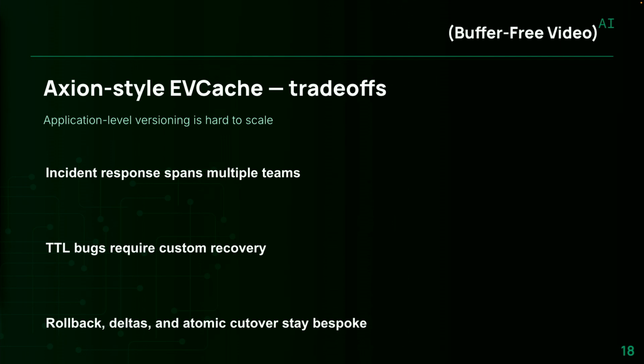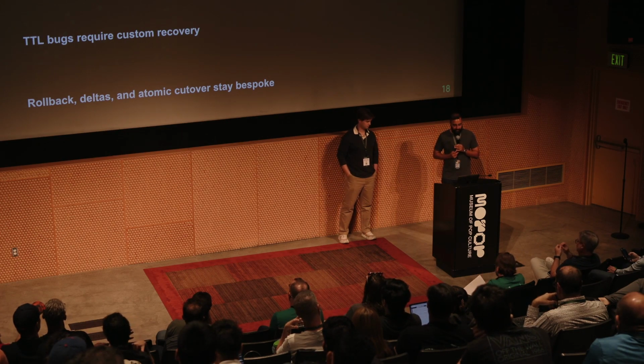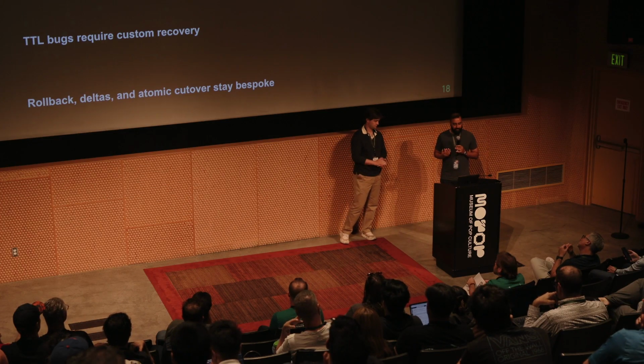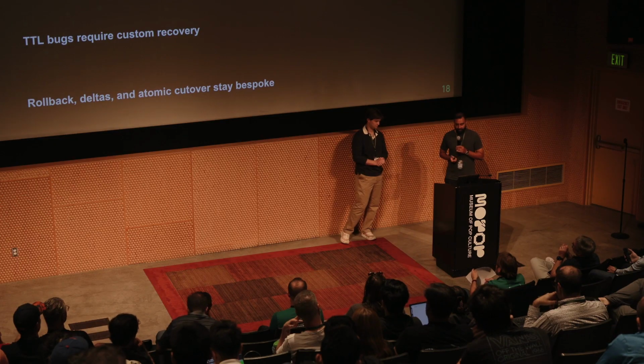One, incident response, as we witnessed, involves multiple teams. We've had things like TTL bugs that require custom recovery. And two, versioning at the app level is hard to scale to other use cases. And so in the next architecture, William's going to talk about versioning as a first-class platform feature, not an application convention, and at petabyte scale.